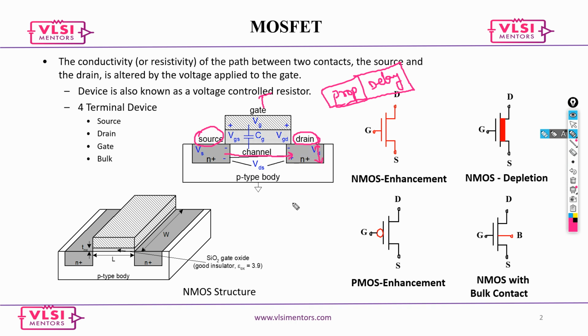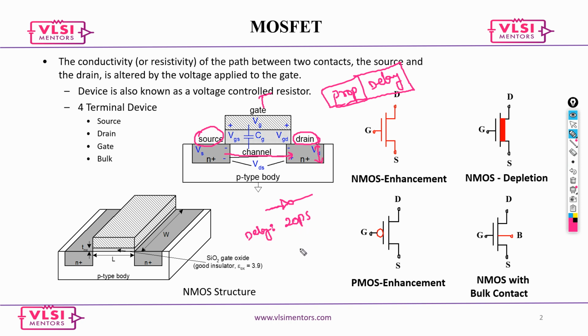Say for example you have an inverter, and this propagation delay is, say, 20 ps. If you want to reduce this propagation delay, what parameters does this delay depend on?